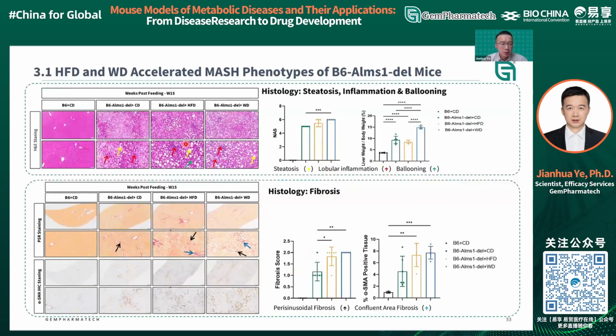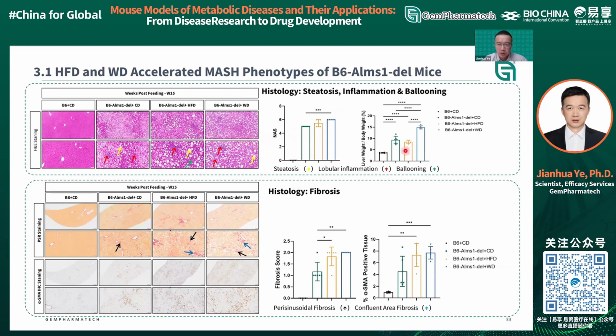And then we collected the liver from the mice. So from the HE staining, we can find that the high-fat diet and the Western diet can increase the MASH score. So the steatosis, the inflammation, and the ballooning of the liver is worse after the high-fat diet or Western diet feeding.